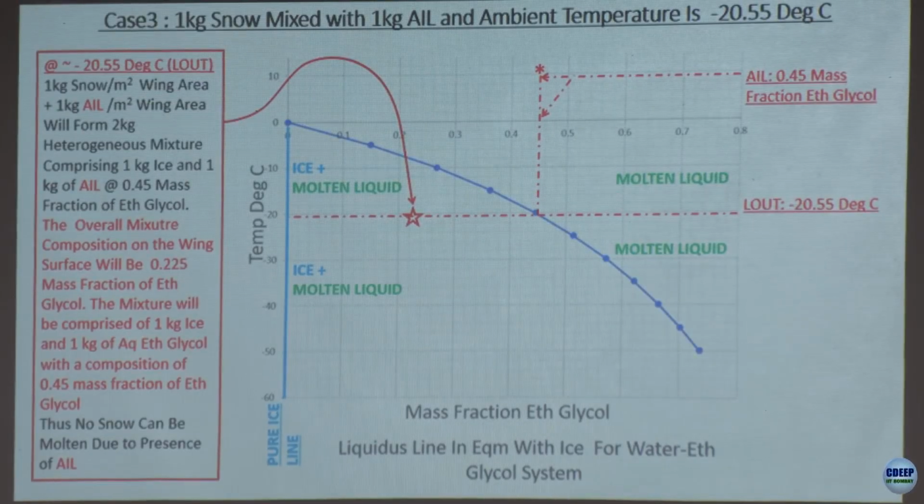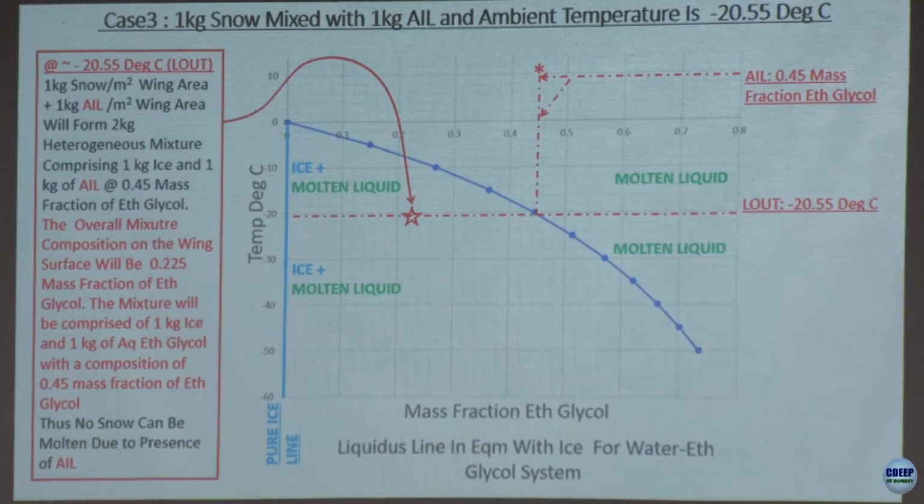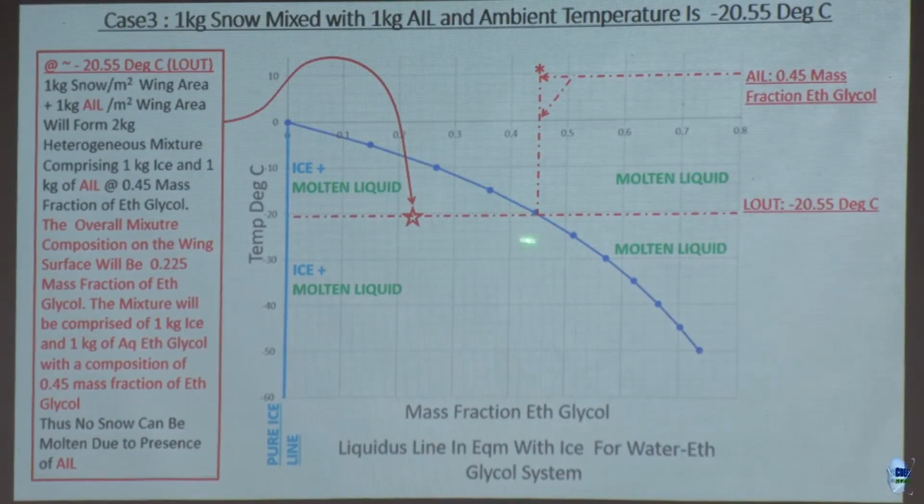Okay. Now in case of L out, when you have 1 kilogram of anti-icing liquid which is mixed with 1 kilogram of ice, you can see that it is equidistant. This is the same as this distance, right? If you apply the lever rule or simply carry out a material balance, you would realize that the 1 kilogram of ice will remain as such in the solid form and the 1 kilogram of anti-icing liquid will remain as a liquid.